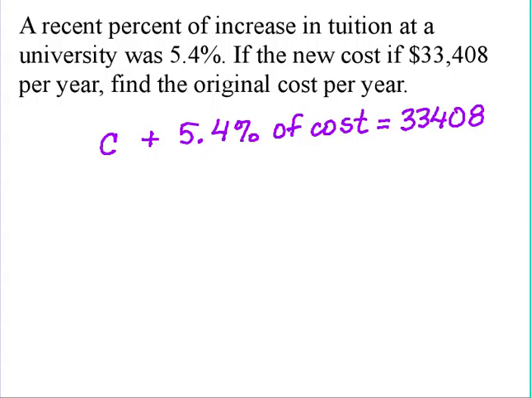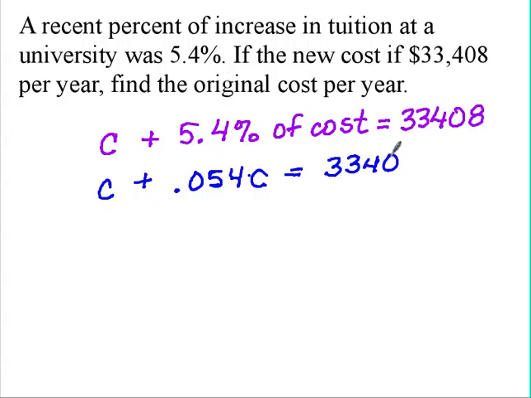So let's translate that a little bit. First of all, I have my cost here, which is like C, or 1C, right? 5.4, how can I write that? .054, yep. What does of mean? What does of mean when I'm writing equations? Times. Cost is C, and that's going to equal 33,408.